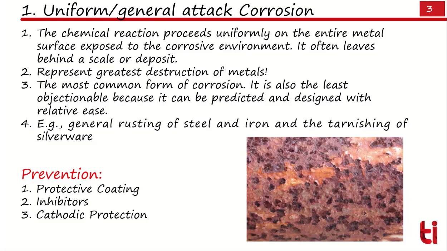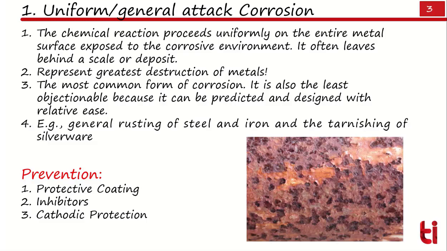Second one is to use inhibitors. Inhibitors are special chemical compounds which you can disperse when the metal or alloy is being formed. These inhibitors change the basic characteristics of the metal and minimize its tendency to undergo uniform corrosion.